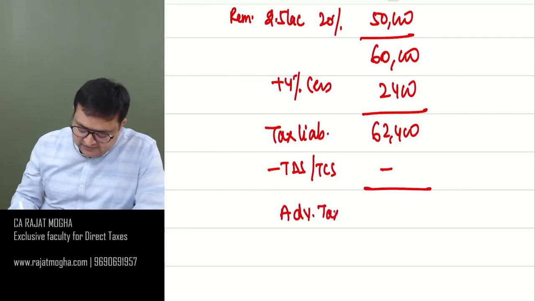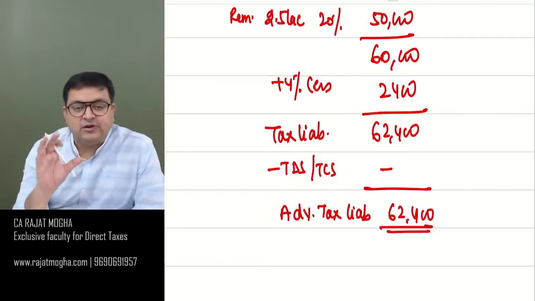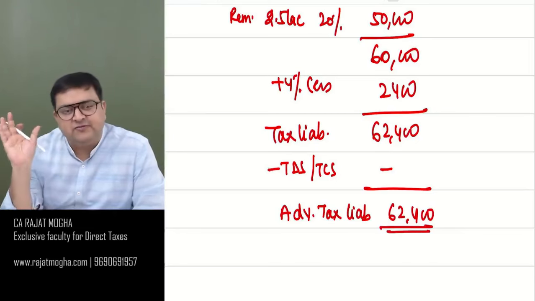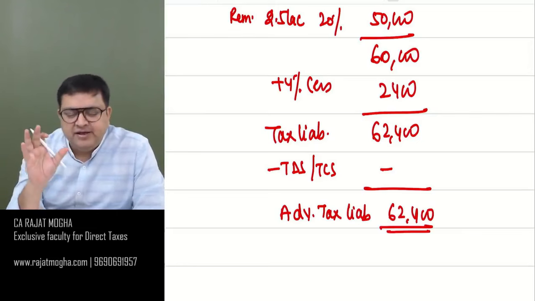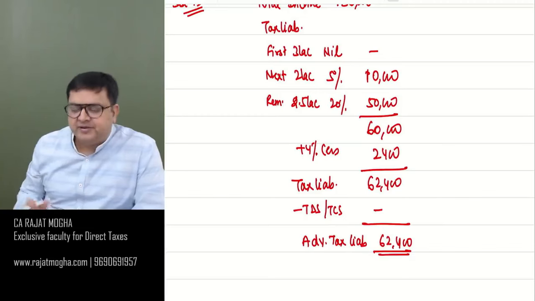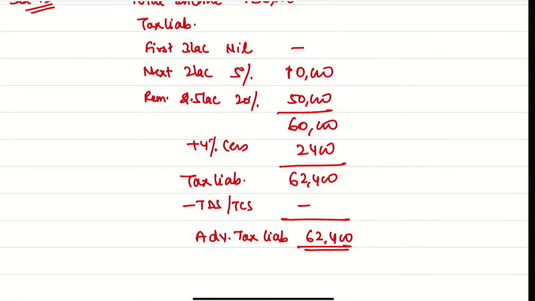My advance tax liability is 62,400. This is what the assessing officer is doing. Once your year is over, the assessing officer computes your 234C. Everybody done till here?